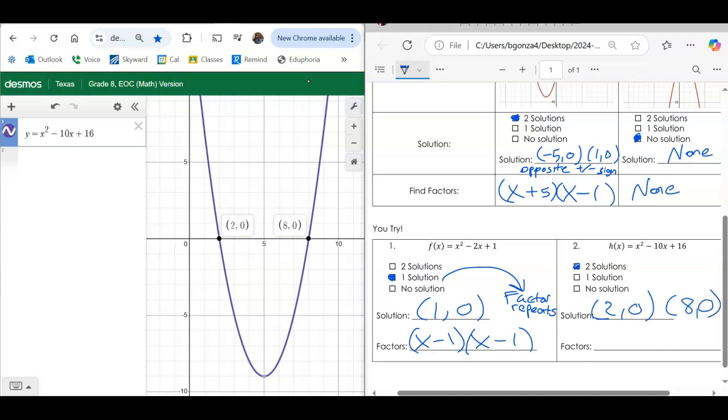What do I got to do? Write those as factors with x, but insiders lie. You change the sign. Positive 2 is now negative 2. Positive 8, negative 8. That, my friends, is it.